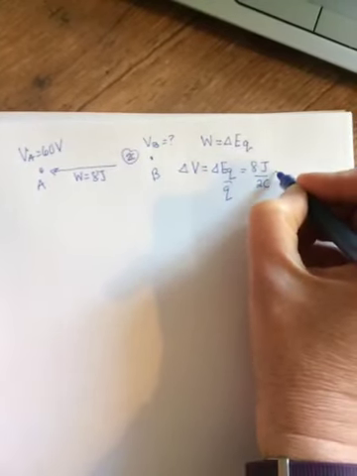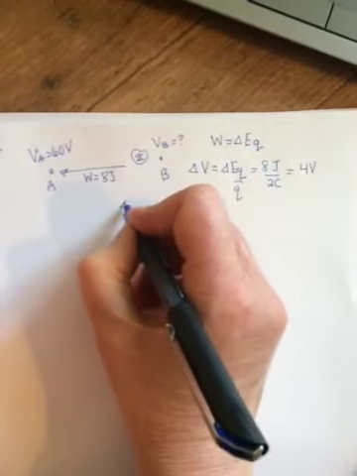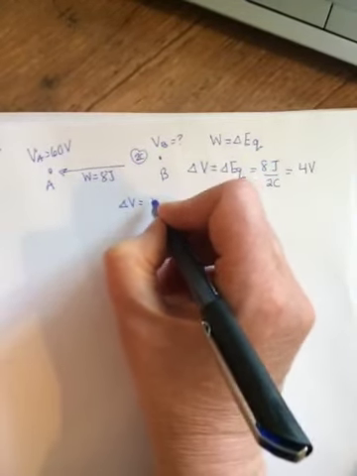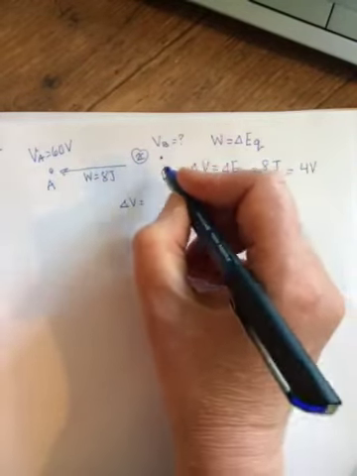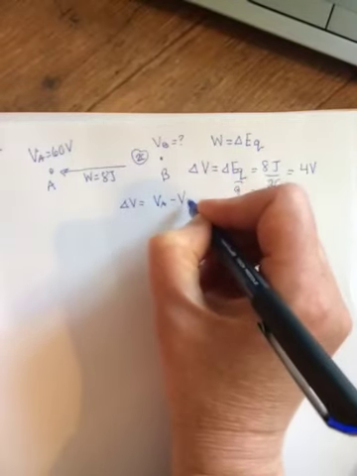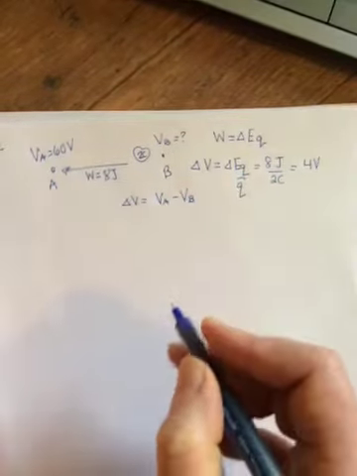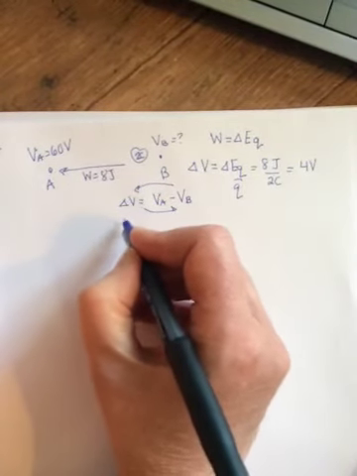So our delta V then is 4 volts. And we know delta V is equal to final minus initial, and you're moving it from B to A, so final will be A and initial will be B. We're trying to solve for VB, so bring this over.